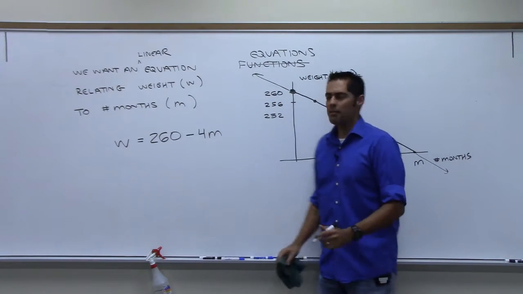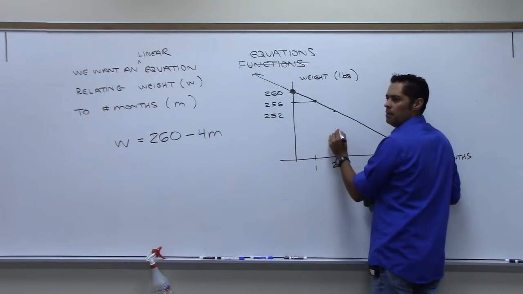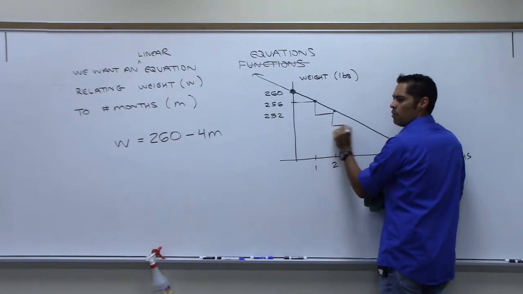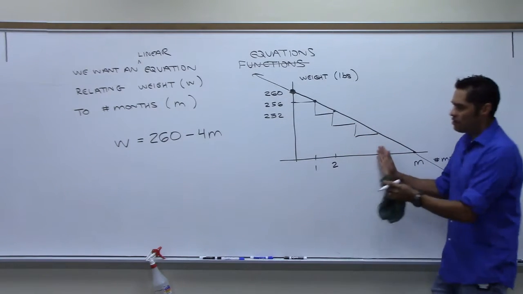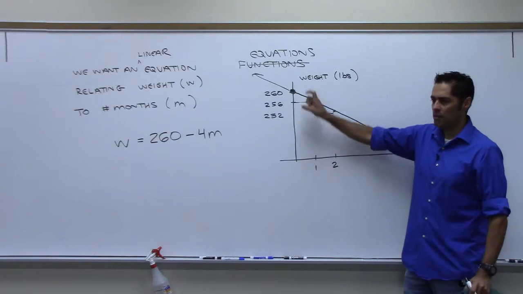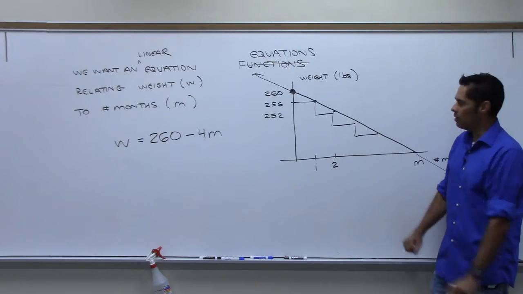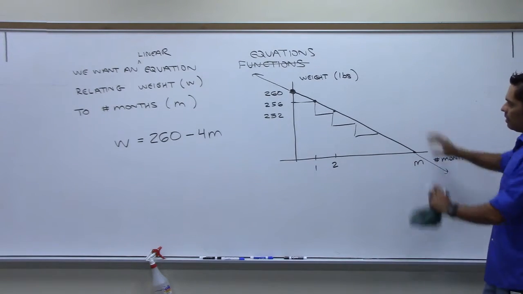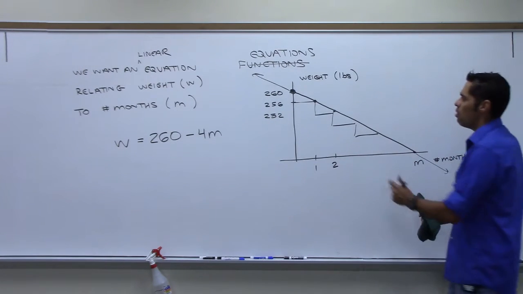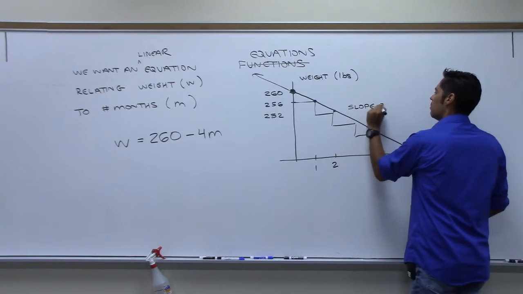So isn't the negative 4 the slope? Down 4 over 1. Down 4 over 1. Now it's not drawn to scale. Do y'all know what I mean by that? Like 1 unit this way is not equal to 1 unit that way. That's okay. We do that a lot just to make it all fit on one picture, or to fit easily onto our paper. So this slope is equal to negative 4.